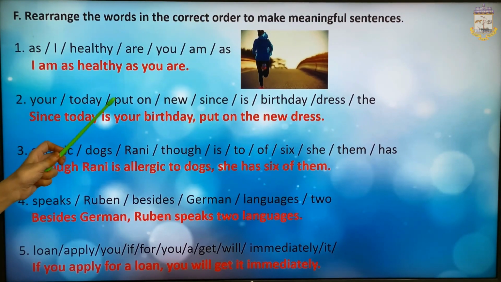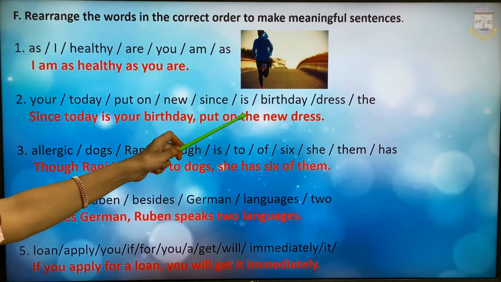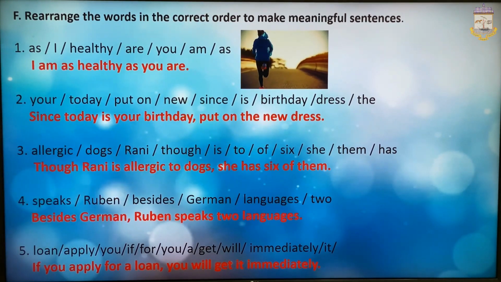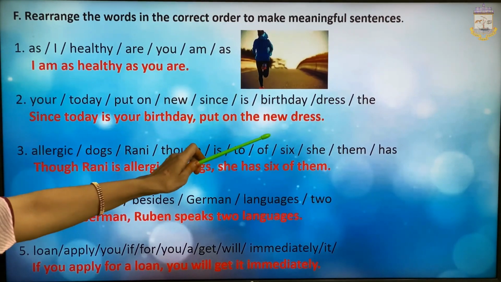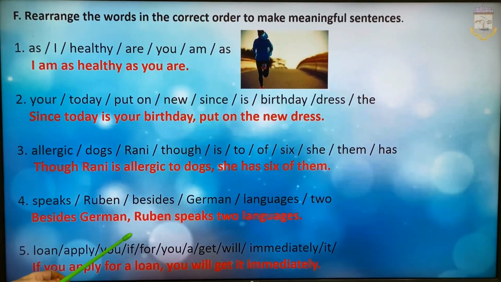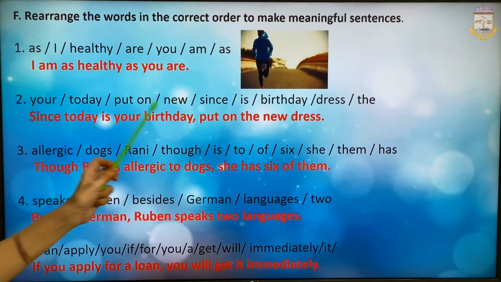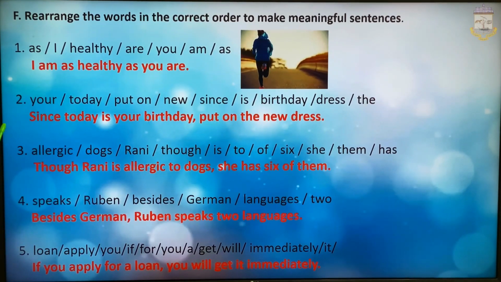You are today put on new since is birthday dress the. Since today is your birthday, put on the new dress. You can also write this as put on the new dress since today is your birthday. But just to show that you can also start with a conjunction, I have written it like this.